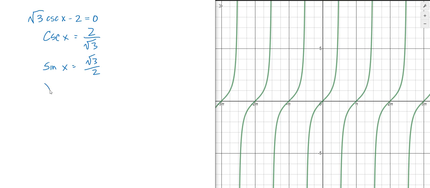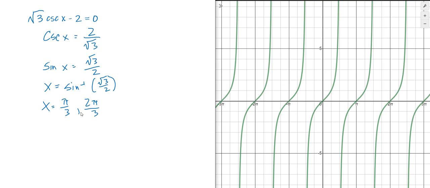And I'm looking for x values where the inverse sine of root 3 over 2. It turns out for these, this is also another common angle that we have, and this is going to be x equals pi over 3 and 2 pi over 3. Right?